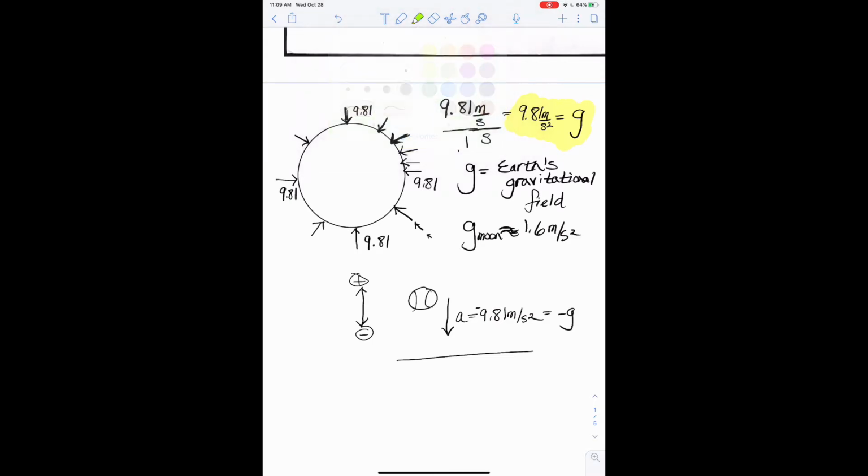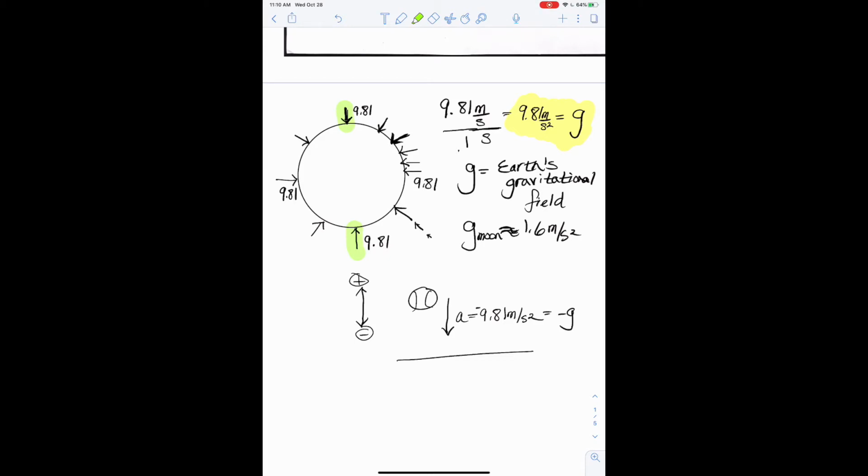So for instance, here, down is towards the center of the Earth, and here, down is towards the center of the Earth as well. Based on where you are on the Earth, down is relative, because if you're on top of the Earth versus on the bottom of the Earth, down is going to be a different direction. But we like to refer to down as being negative and not worry about that.